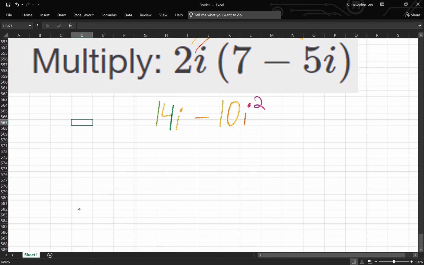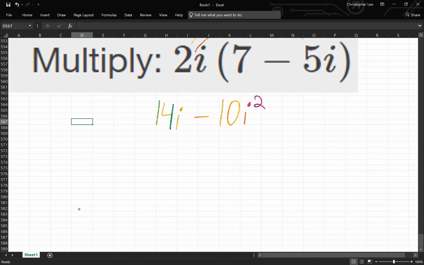Oh, but here's the new trick right now. We remember that i is equal to the square root of -1. So technically, if I have i squared, I'm just squaring the square root of -1, so the square and the square root cancel out, leaving back just -1.